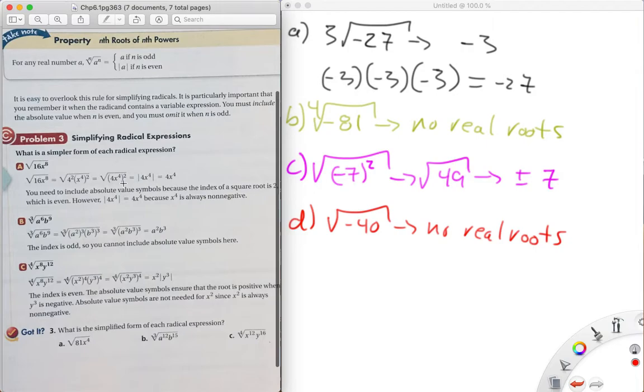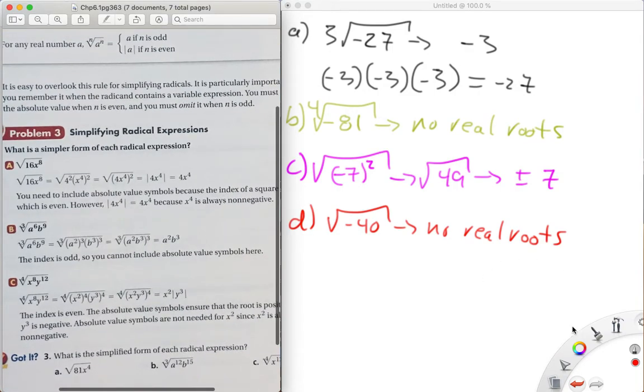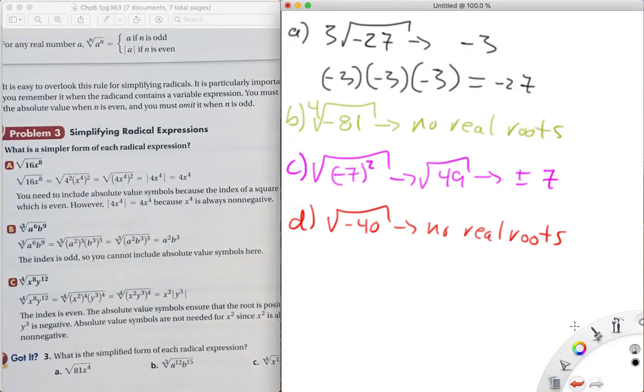Okay. Simplifying radical expressions. Okie dokie. So the way they do it is a little bit different from how I think about simplifying radical expressions. And I'll explain what I mean in a moment, which is right now.